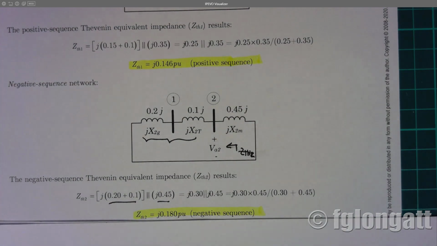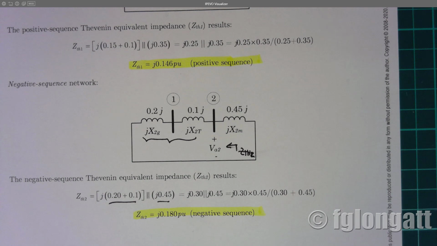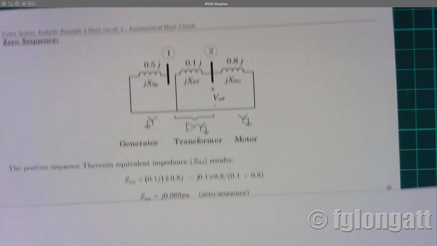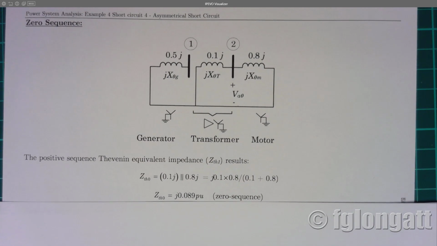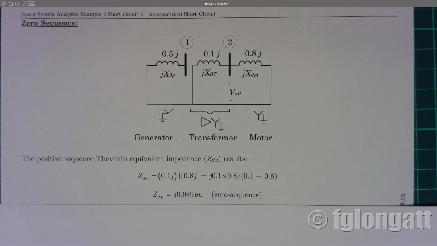And now we need to obtain the zero sequence impedance. Zero sequence impedance is basically the most exciting when we are working with asymmetrical faults, because zero sequence is extremely important, defining the path for zero sequence currents, okay?